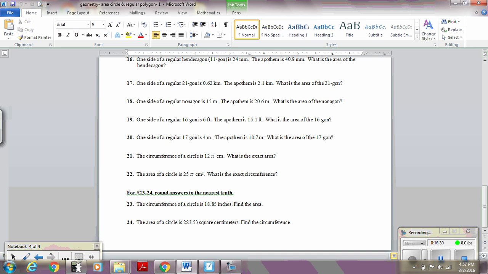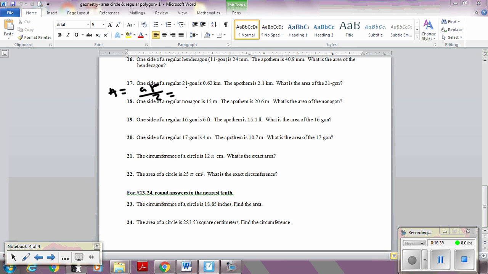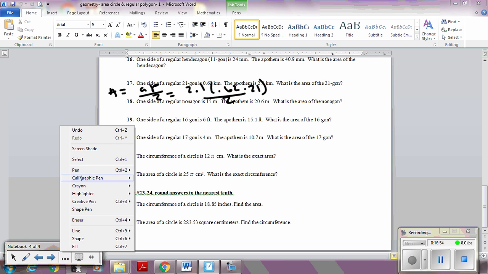So on 17, we're again finding the area. Apothem perimeter divided by 2. Apothem is 2.1. Perimeter is found by 0.62 times 21. And all that divided by 2. 0.62 is an even number.